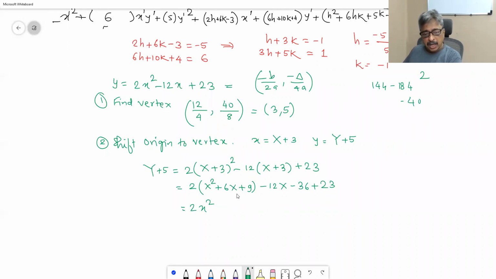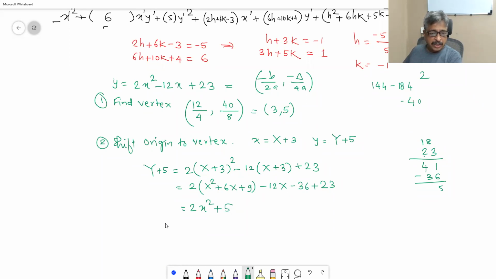Now, 18, 18 plus 23 is 41, and 18 plus 23 minus 36 is 5. Is that correct? 41 is positive minus 36, so plus 5.